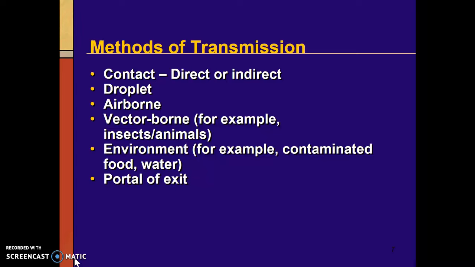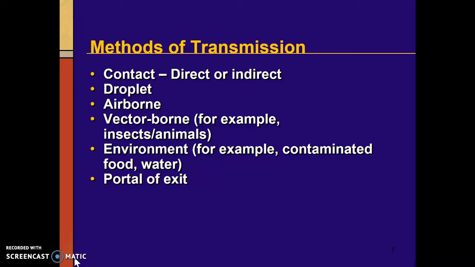Droplet can also be when patients have diseases that when they cough, the aerosolized component of that cough and the fluid that comes out stays in tiny droplets that float in the air for a short period of time.